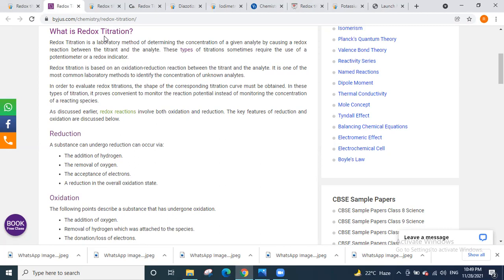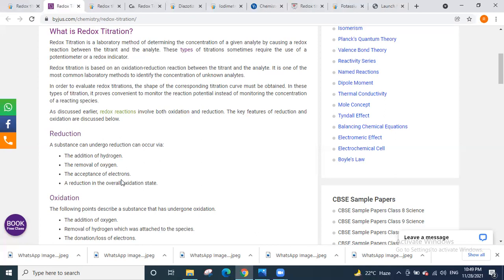Before this, we must first know what oxidation and reduction are. We can define oxidation and reduction in terms of hydrogen, in terms of oxygen, or in terms of electrons.